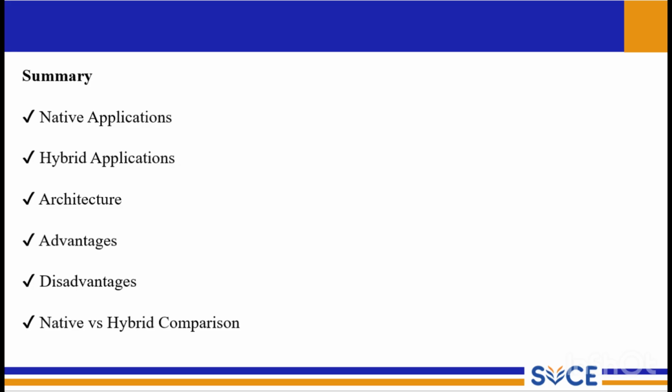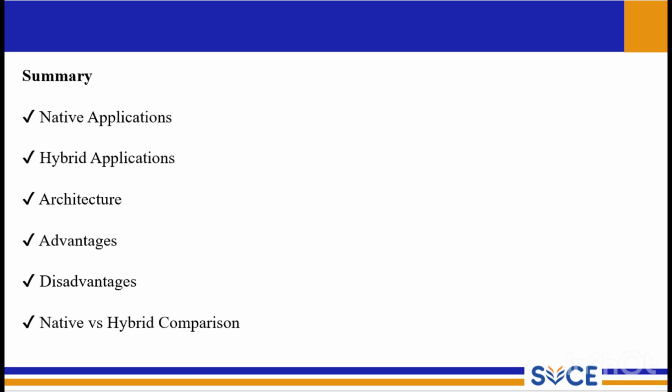Now, let us summarize. Native applications are developed specifically for one operating system, providing excellent performance and full access to device features. Hybrid applications use a shared code base to support multiple platforms, reducing development time and cost.